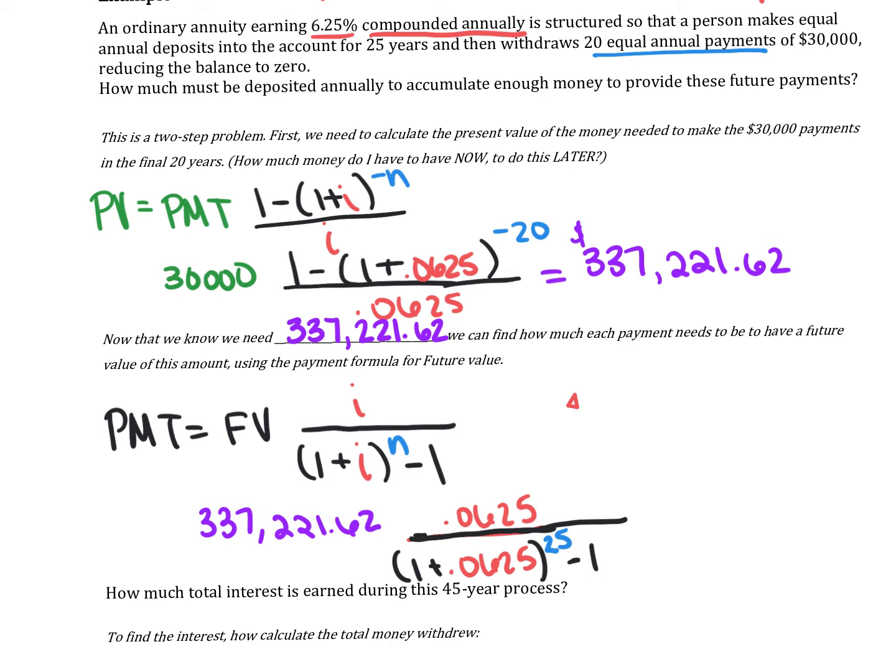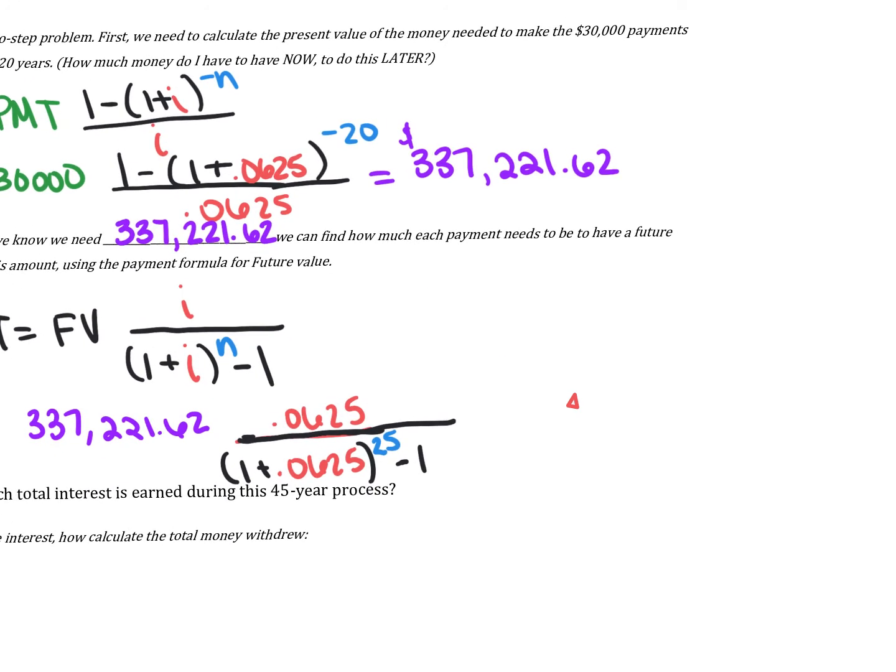And I'll multiply that by the present value that I had to find up here, 337,221.62. I get a payment value equal to, so my payments have to be equal to $5,933.29.